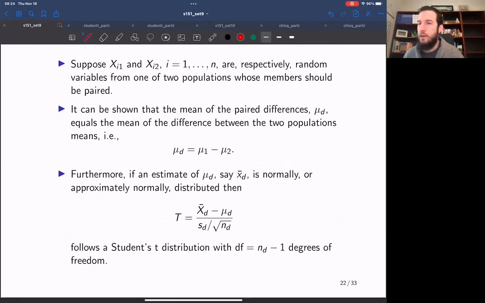So on slide 22, what I'm indicating is that the mean of the differences will be equal to mu1 minus mu2.